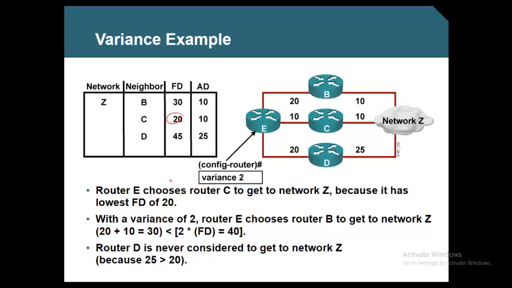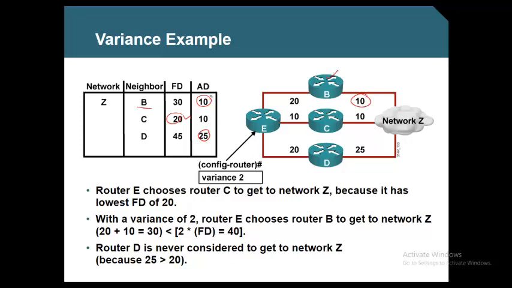No, no, no. AD should be less than the successor's FD. If you go via B, the AD is less than the successor value. But if you go via C, the AD is not less than successor value, isn't it?